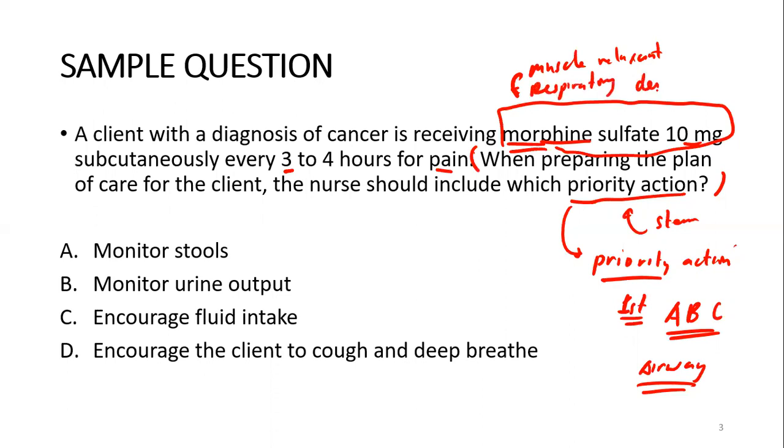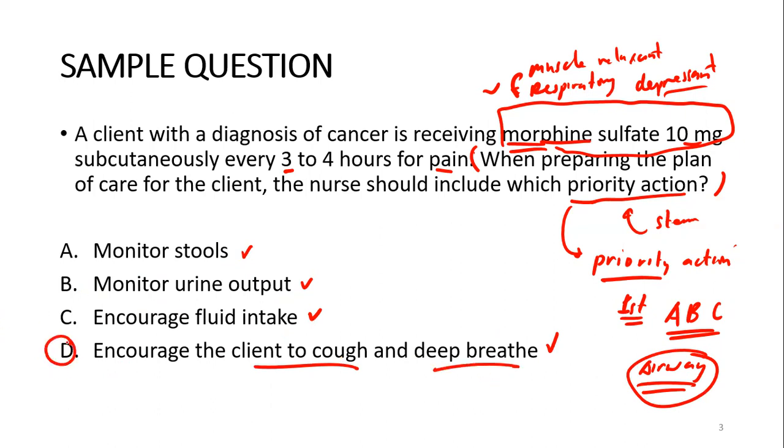With that knowledge, take a look at the choices: monitor the stool, urine output, encourage fluid intake, encourage client to cough and deep breathe. Which of these choices relates to your airway? It is encouraging the client to cough and breathe. So most probably your best answer would be letter D.